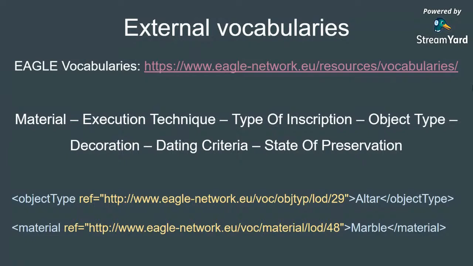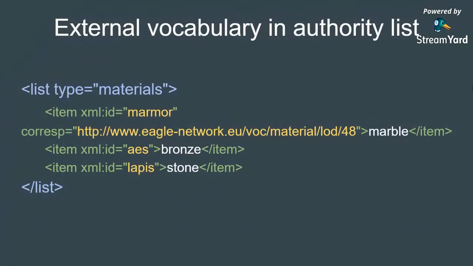And we can, as we saw before for the Lexicon of Greek Personal Names, either refer to it in our XML file. For example, the first one, we have an object type, ref, and the real link to the very resource. Or we can embed it into our authority list.